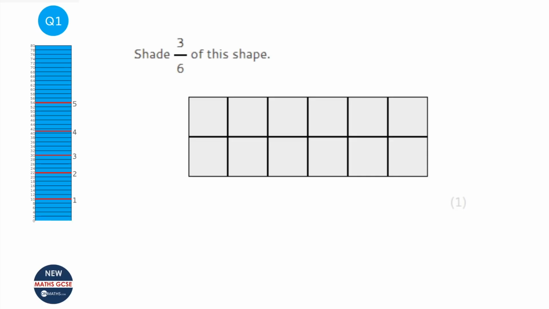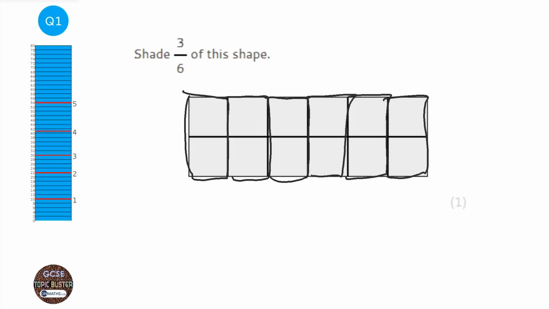So we're asked to shade in 3/6 of this shape. So if I cut this shape into sixths going downwards, we're asked to shade in 3 of them. So 1, 2, 3.